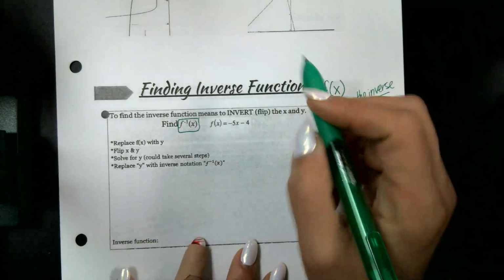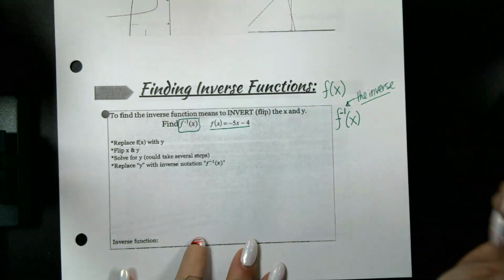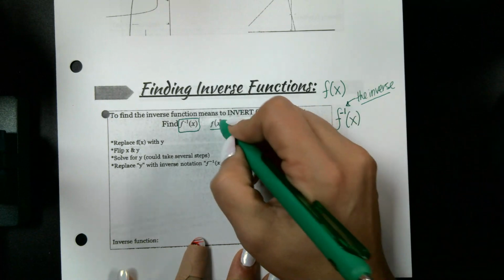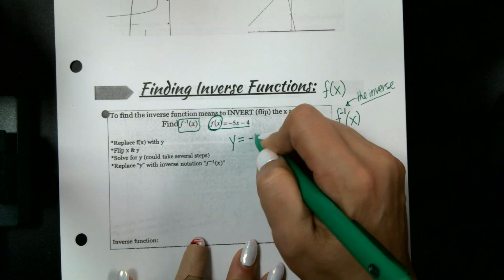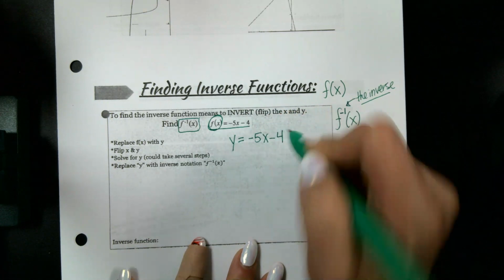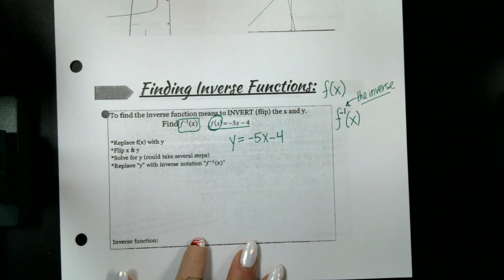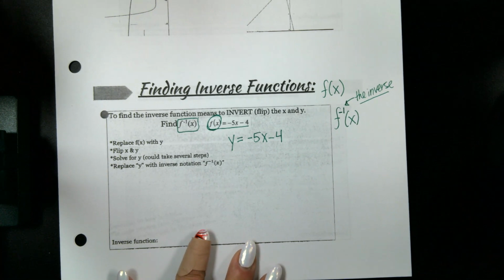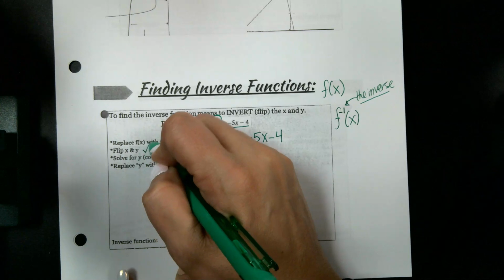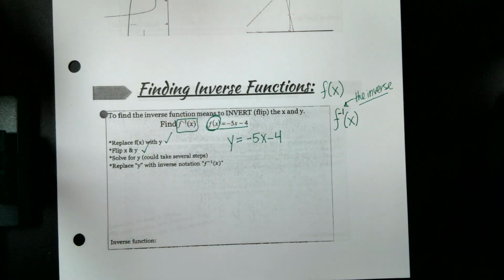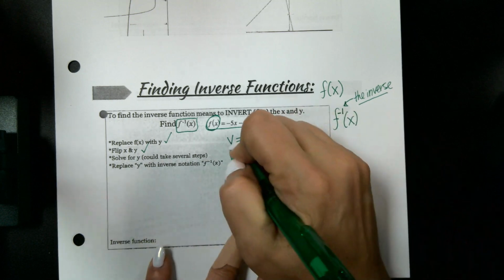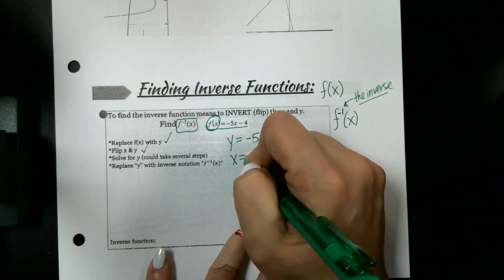Here's the original. Step 1, wherever you see the function notation, replace it with the letter y. Make sure you do that on your paper. We'd have y equals -5x minus 4. So that was step 1. Step 2, it says flip, but really all they're telling you to do is trade the x and the y. So instead of y equals, I'll have x equals.